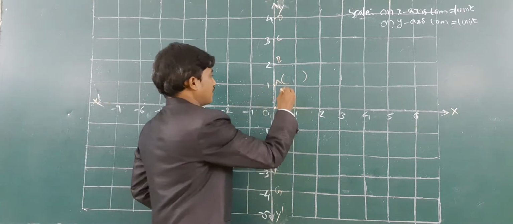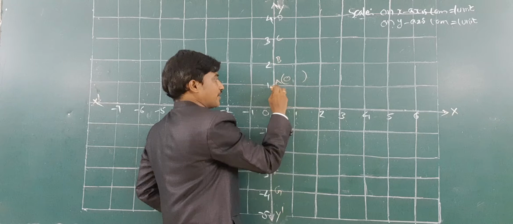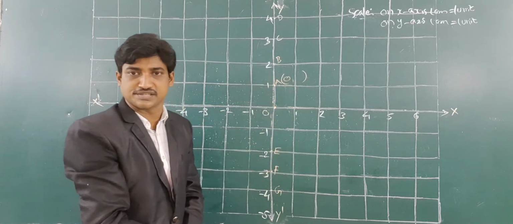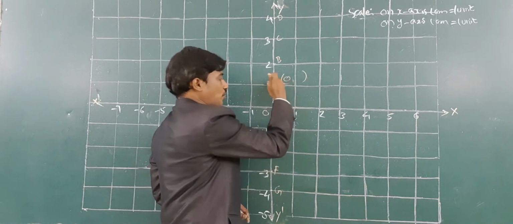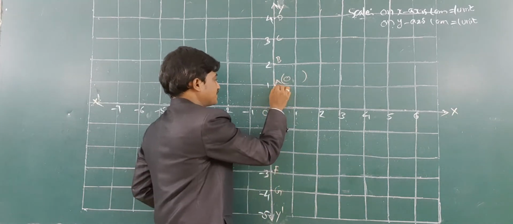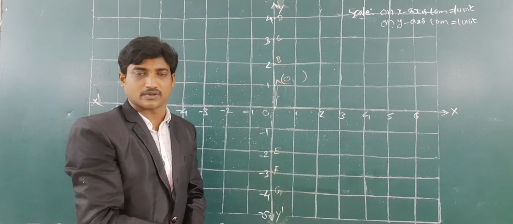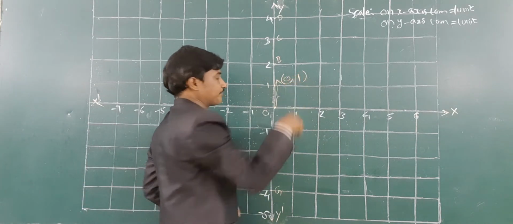Here the A to A distance is 0, y-axis to y-axis distance is 0. The distance from the x-axis to a point is called the y coordinate, and as this distance is 1 unit, the y coordinate is 1.